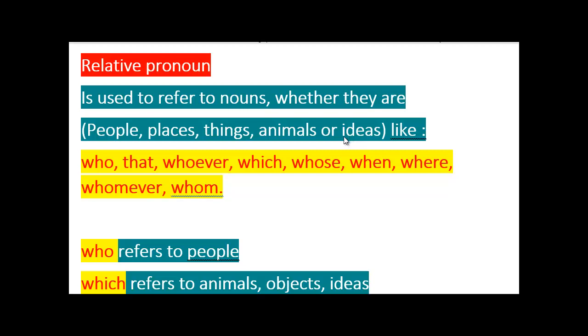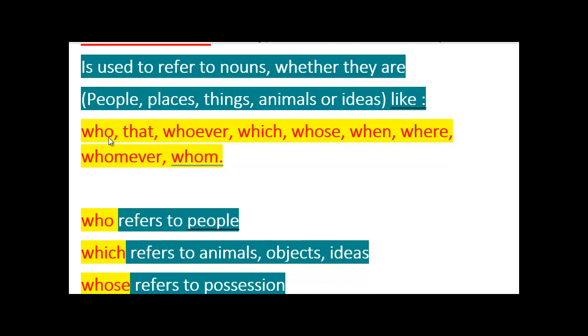So we use the relative pronoun to refer to these things. There are not a lot of relative pronouns, but like who, that, whoever, which, whose, when, where, whomever. These are the relative pronouns that we use.